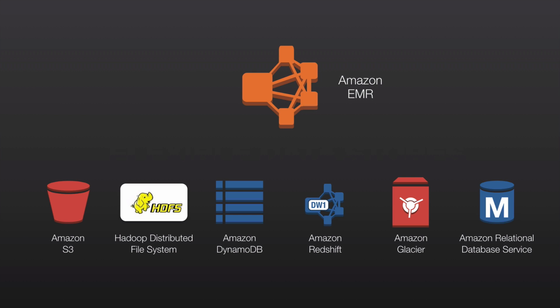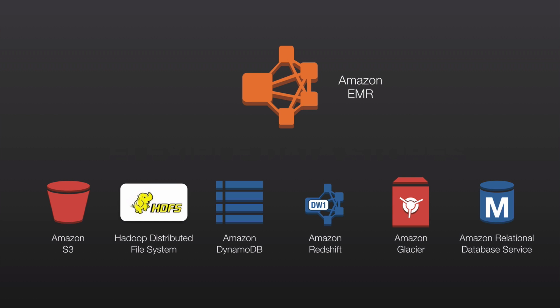HDFS, the native distributed file system within Hadoop itself. DynamoDB, where you might store frequently accessed data, maybe data that's being changed by applications very frequently, and then join it into EMR workflows. Redshift, our petabyte scale data warehouse. Amazon Glacier, our low-cost archiving service, and of course the Amazon Relational Database Service.